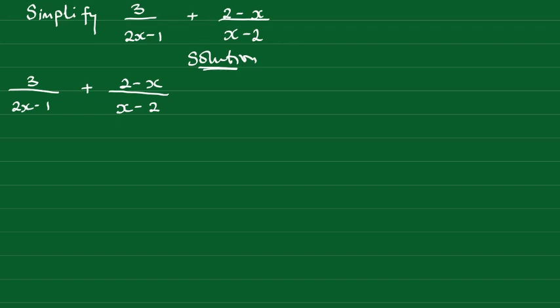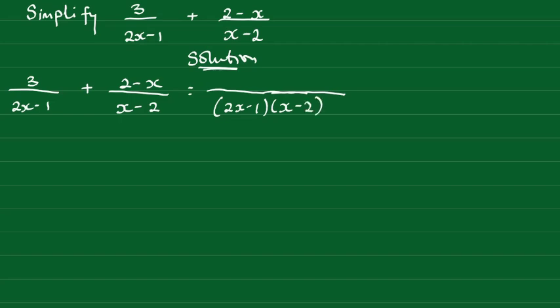Now, one needs a good understanding of LCM in solving an expression of this nature. In our expression, we have that our denominators are 2x minus 1 and x minus 2. Hence, our LCM will be (2x minus 1)(x minus 2).